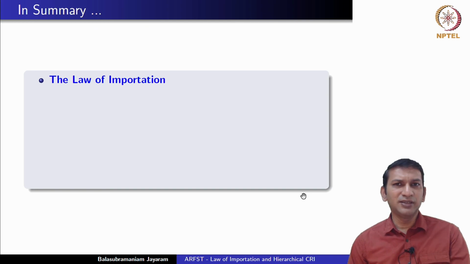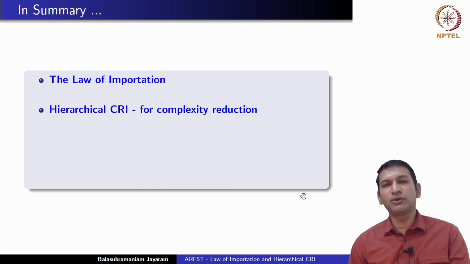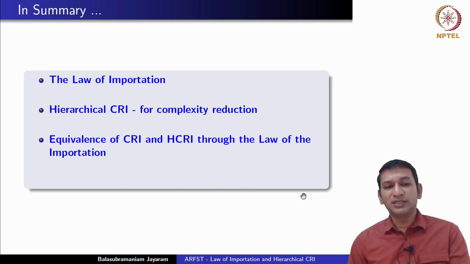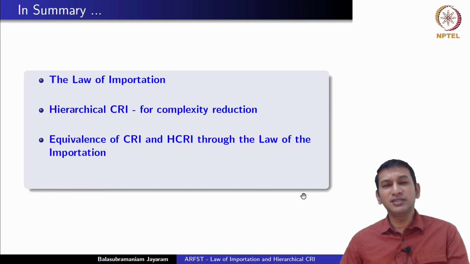But in this lecture, because CRI was computationally pretty inefficient, we moved to the hierarchical version of CRI for complexity reduction. However, we found that the outputs obtained from the hierarchical CRI were not equivalent to that of CRI, and that is where the law of importation comes to the rescue and says, if the operations involved satisfy this property, then we can ensure the output obtained from CRI is the same as that obtained from a hierarchical CRI scheme.